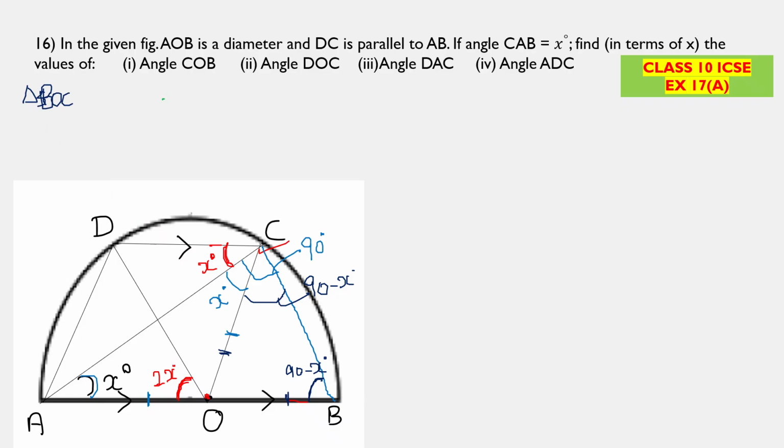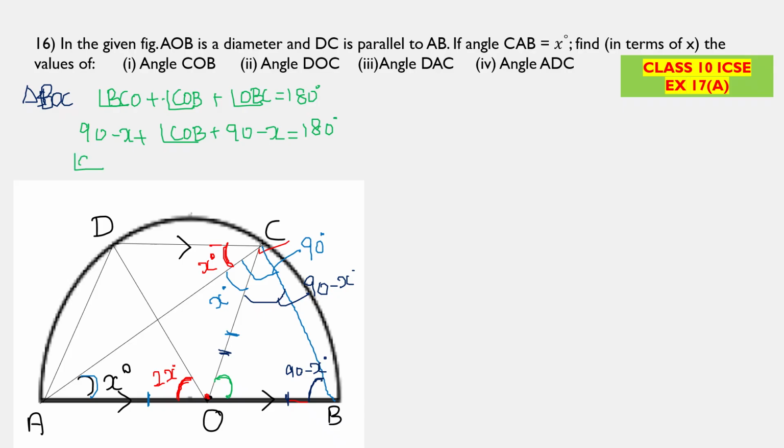Now we can consider BOC as a triangle and we are supposed to use the angle sum property. The first subdivision is we need to find COB. By the angle sum property, BCO plus COB plus OBC equals 180 degrees. BCO is 90 minus x, COB we are supposed to find, and OBC is 90 minus x again, equal to 180 degrees. We move everything to the other side. 90 plus 90 is 180, and minus x minus x is minus 2x.